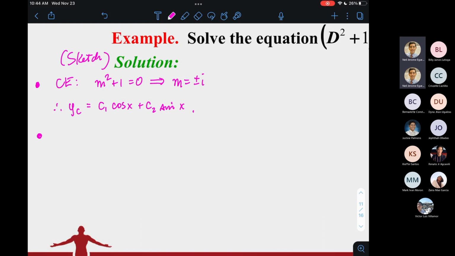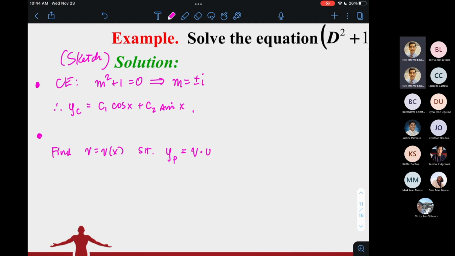Okay. Second bullet na. So we want to find a function v of x such that, I need to choose y sub 1 first, right? Such that y sub p equals v times y1.